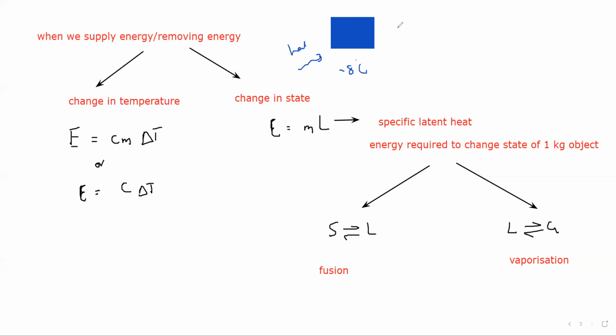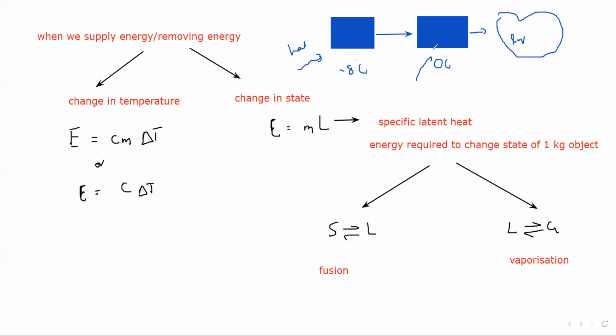First, there will be a change in temperature. So minus 8 will change into 0. That's a change in temperature. And then further supplying heat energy will cause a change in state. This solid will convert into liquid.